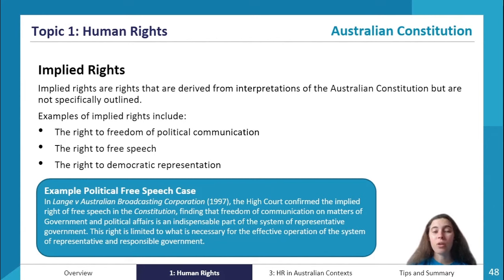So an example of a case where implied rights were relevant. In Lange versus the Australian Broadcasting Corporation, or the ABC, in 1997, the High Court confirmed the implied right of free speech in the Constitution, finding that freedom of communication on matters of government and political affairs is an indispensable part of the system of representative government.